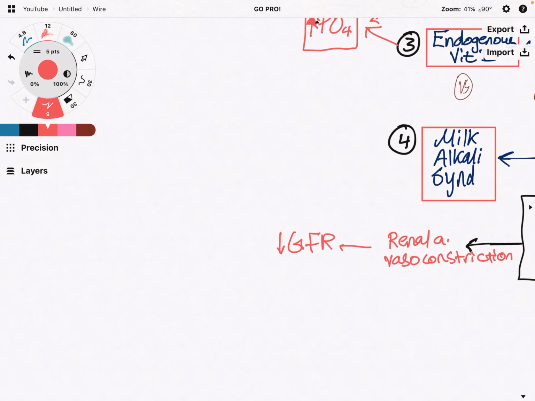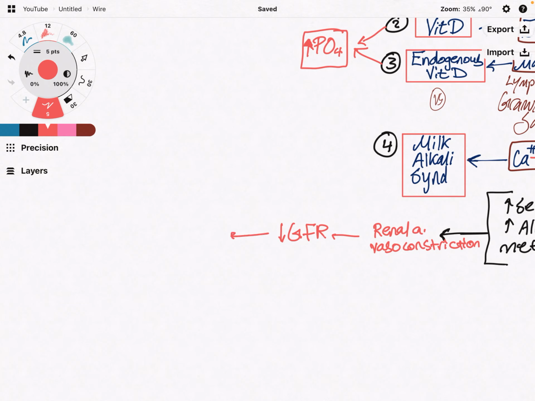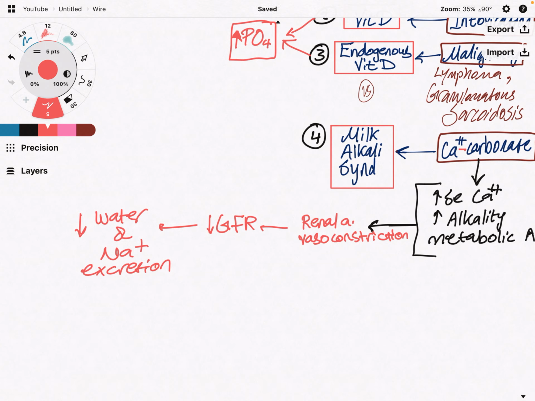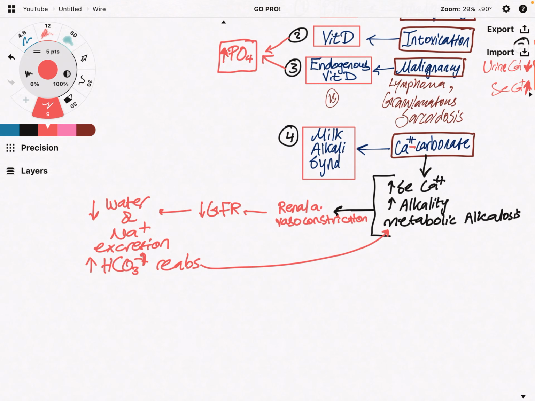When the GFR is low, what happens next is a decrease in the water and sodium excretion, right? When this happens, there is going to be an elevation of the bicarbonate reabsorption, which is going to further deteriorate the metabolic alkalosis.